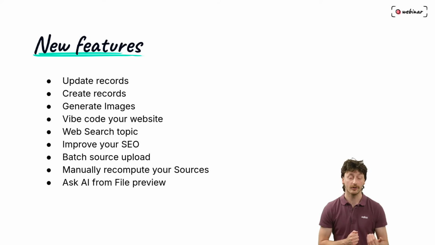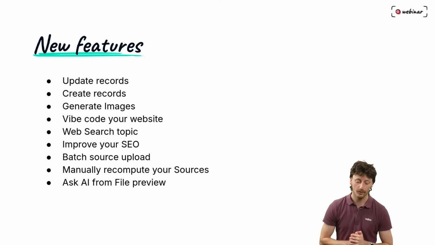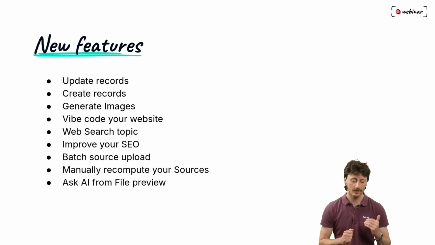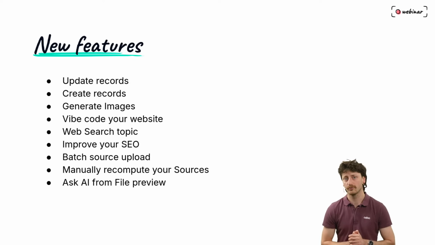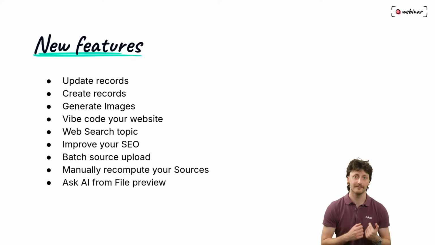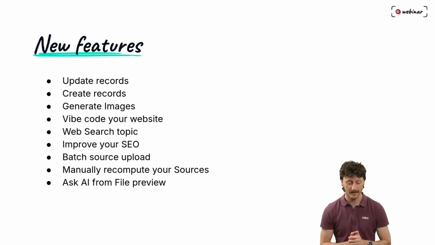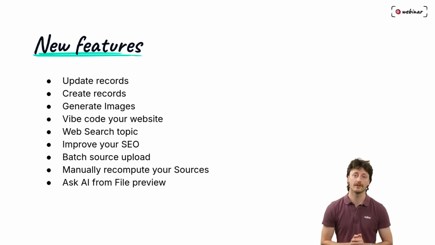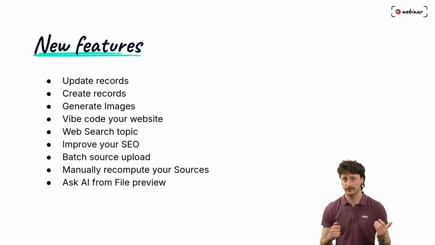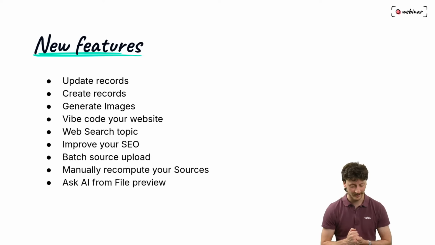We can now batch upload them, and we can now also manually recompute our sources, because until 19.2 we could only recompute our sources by deleting them and adding them back once again. Now we will have a small server action that allows us to do it manually. But who says server actions also says that if you are a smart guy, you can also automate this action.